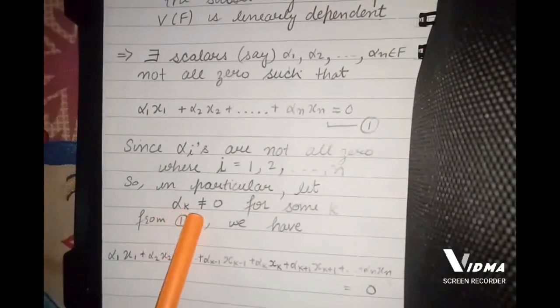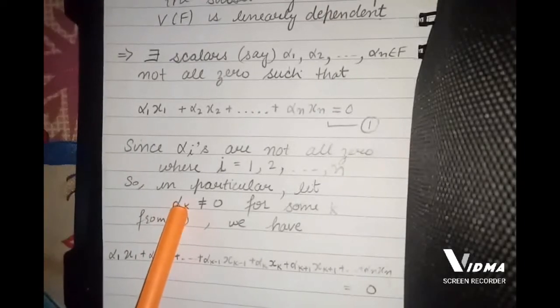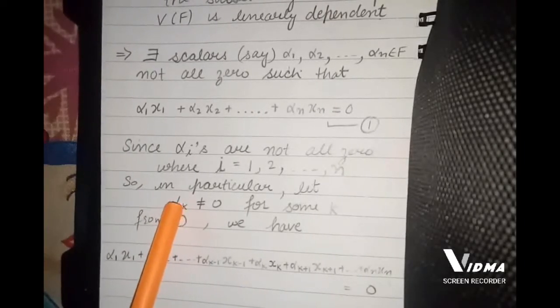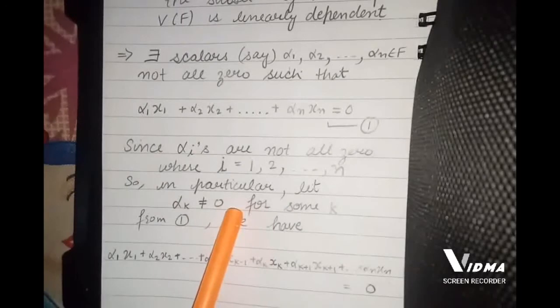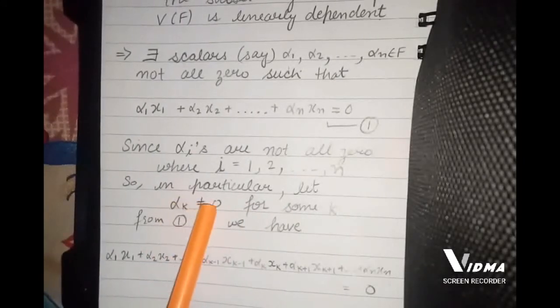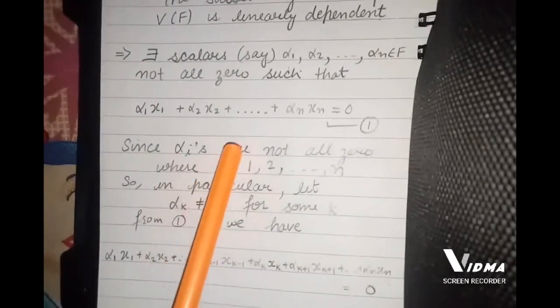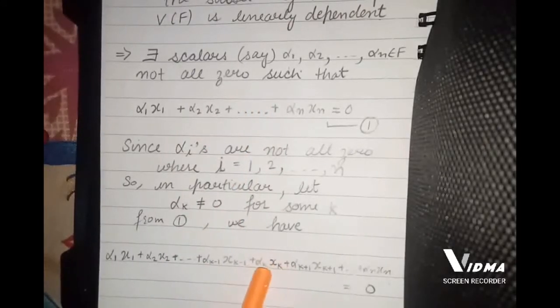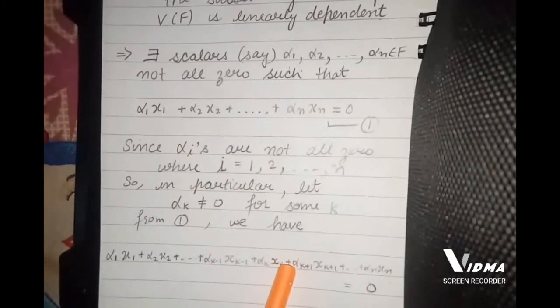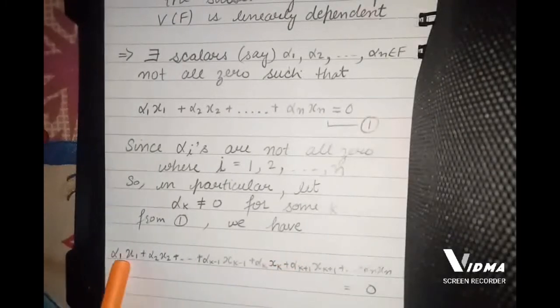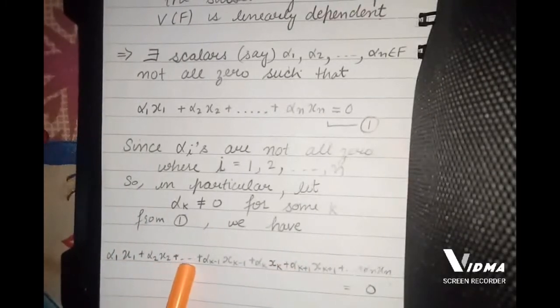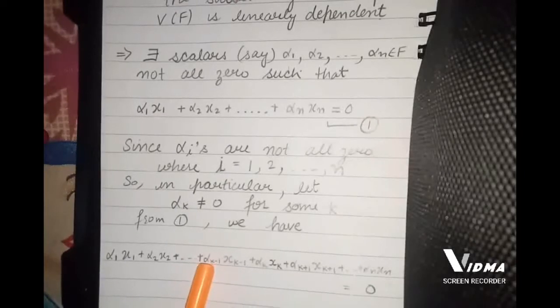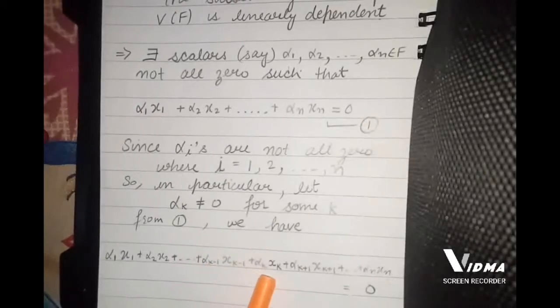Since we have considered some alpha k, and this alpha k is not 0, the term consisting of alpha k must be somewhere in between, right? Which I have written here. So my equation has become alpha 1 x1 plus alpha 2 x2 plus so on up to alpha k minus 1 xk minus 1 plus alpha k xk.